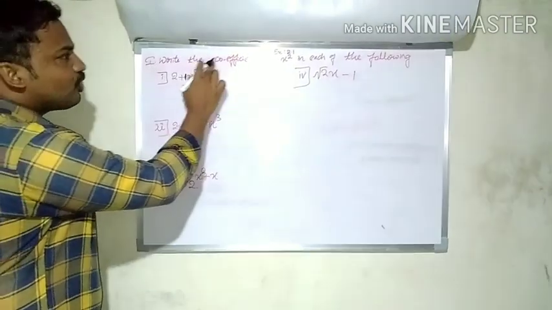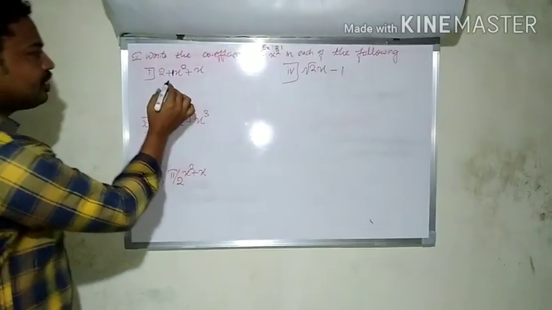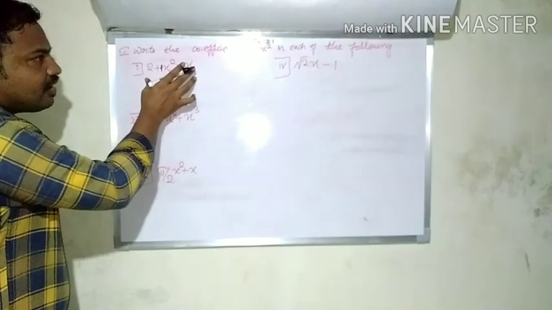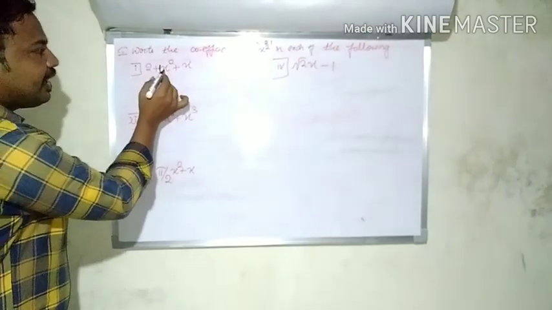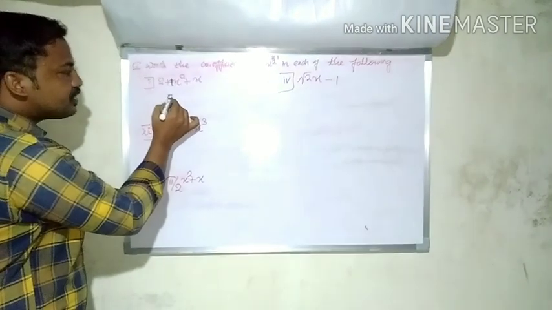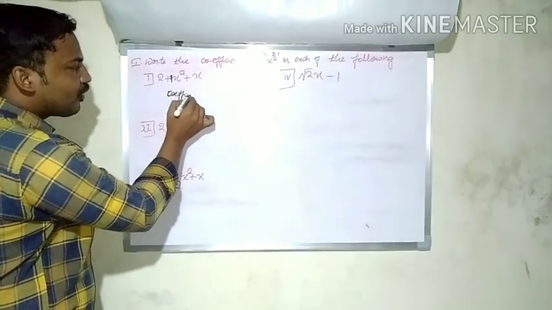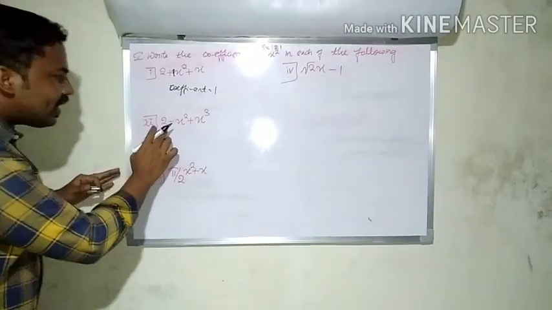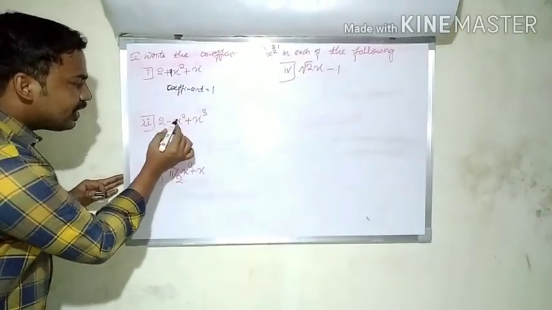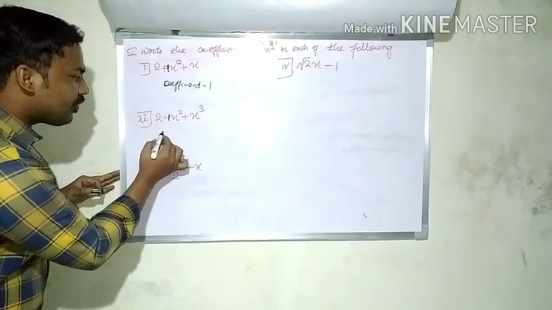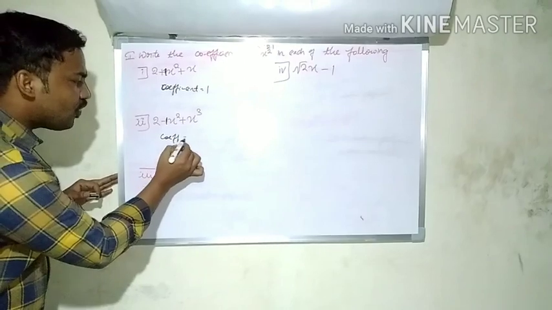The question is to write the coefficient of x square in each of the following. In the first equation, 2 plus x square plus x, the coefficient of x square is 1. In the second equation, 2 minus x square plus x cube, the coefficient of x square is 1.